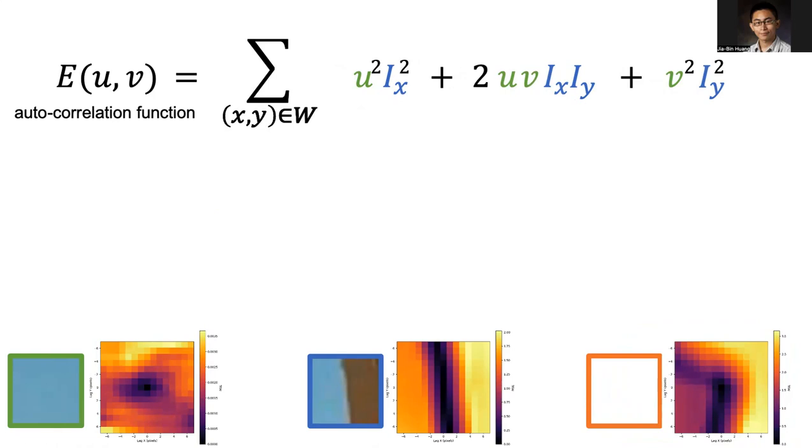Because you are summing up over the window, the only thing that depends on the xy location is Ix and Iy. It does not depend on u and v.